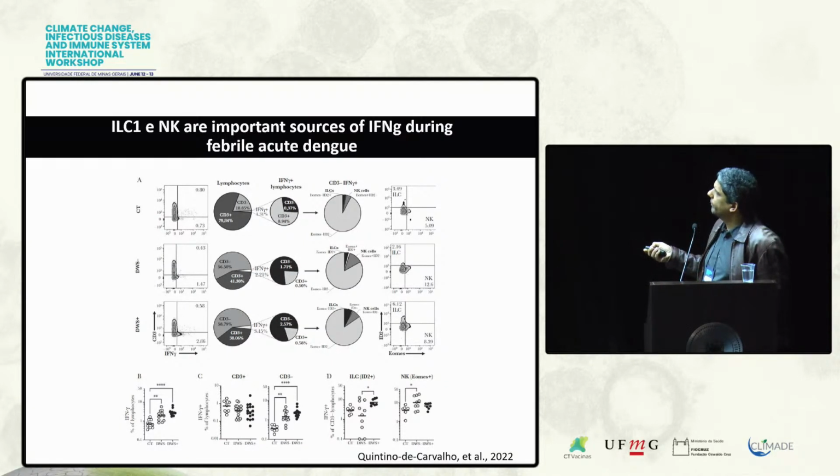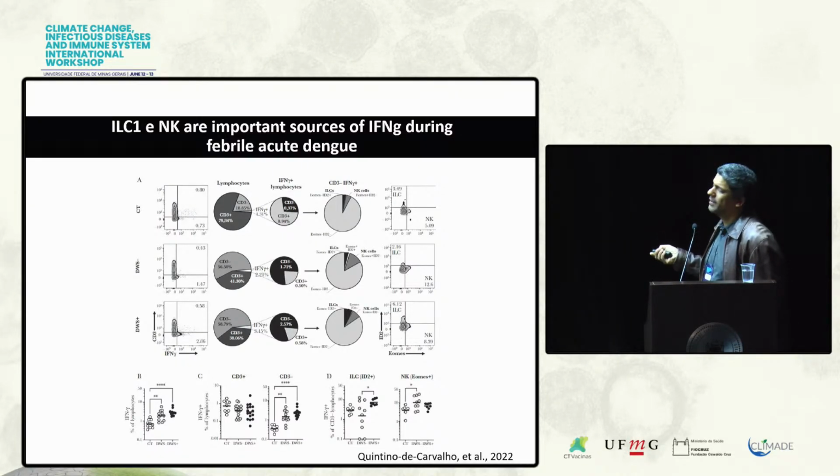So we decided to investigate which cells were these CD3 negative, interferon gamma positive, and we used two markers to identify ILCs, which is ID2, and EOMES to identify NK cells.